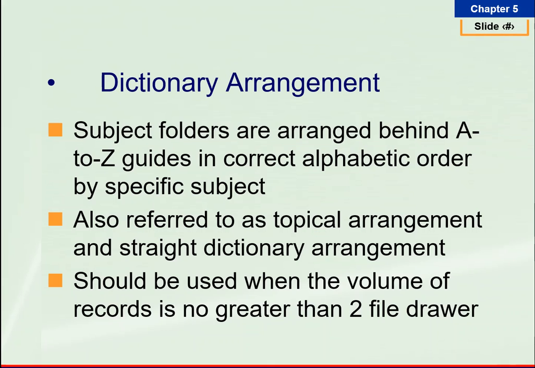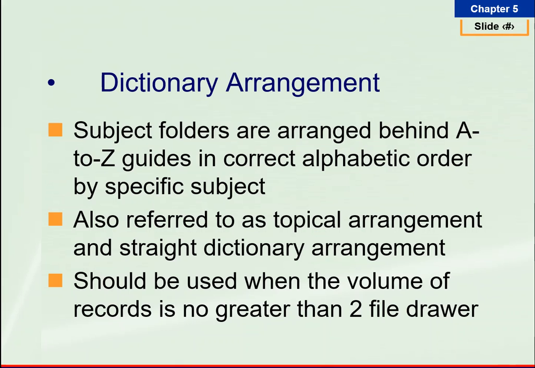Subject folders are arranged behind A to Z guides in correct alphabetic order by specific subject. In other words, you arrange the folders according to alphabetic order from A to Z. You need to know that what we call dictionary arrangement is also known as topical arrangement and straight dictionary arrangement.